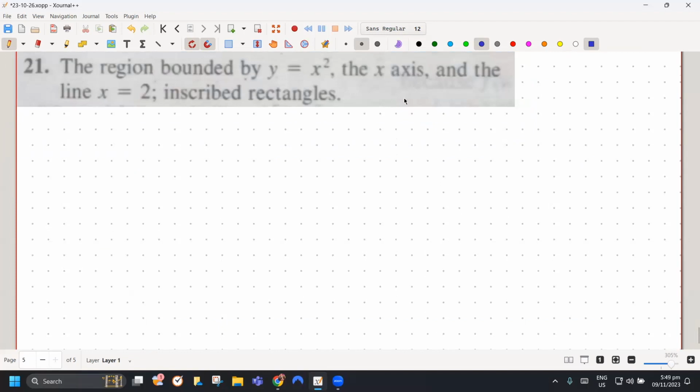So the approximate sum is i equals 1 to n.